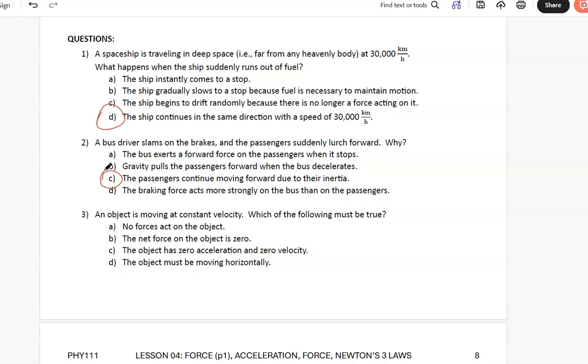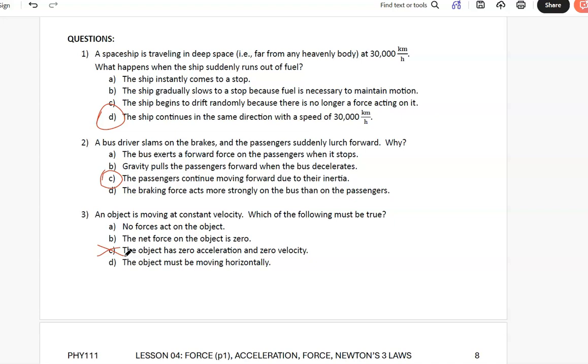But again, because it's constant, there is no acceleration. So C says it has 0 acceleration. Well, that's true every time, but it doesn't necessarily have to be a 0 velocity. It could be some velocity, just not changing, so the acceleration is 0. So we can cross off C.